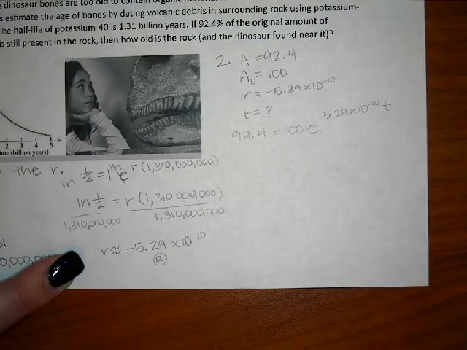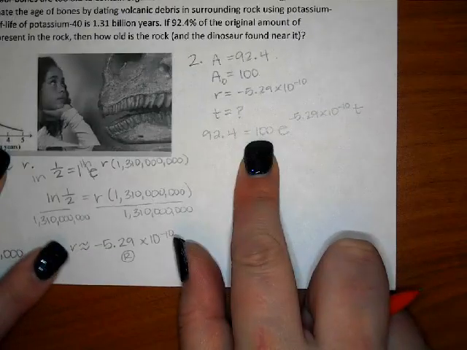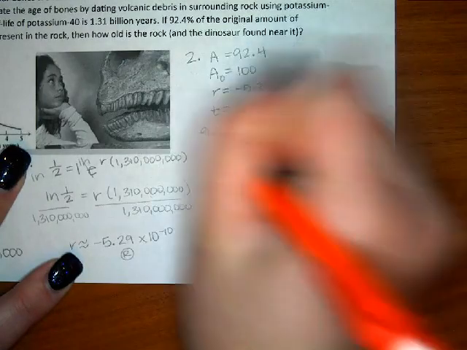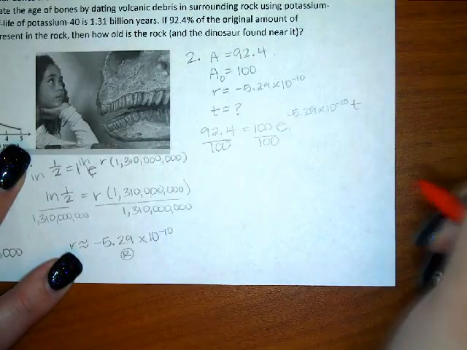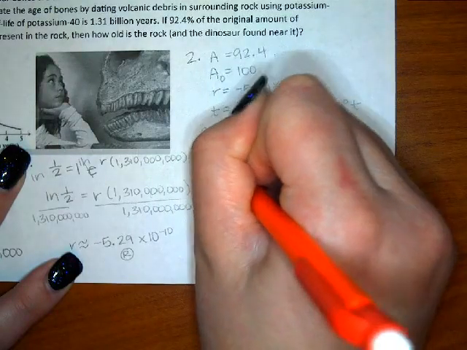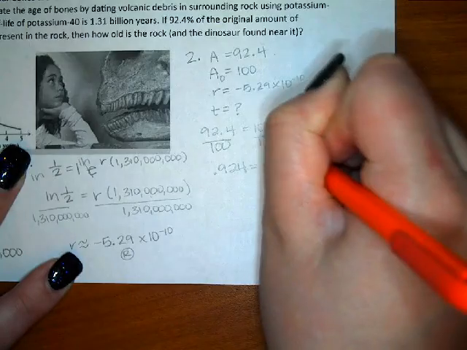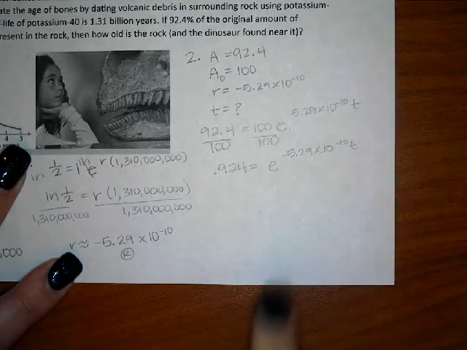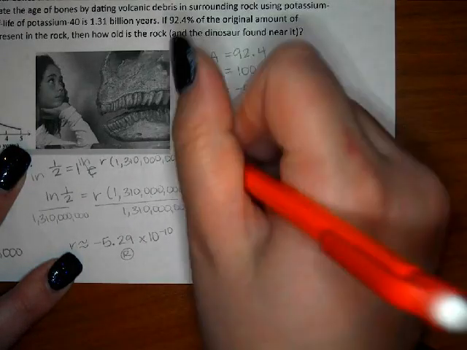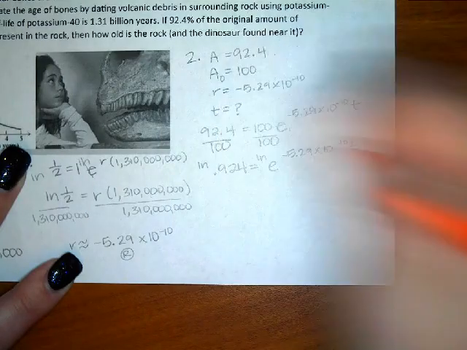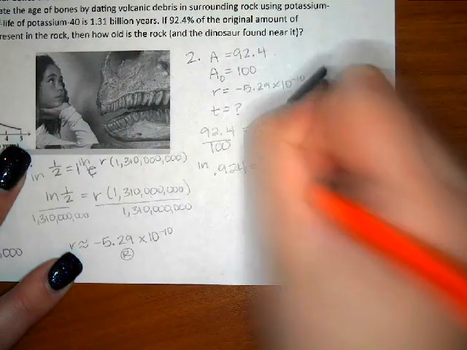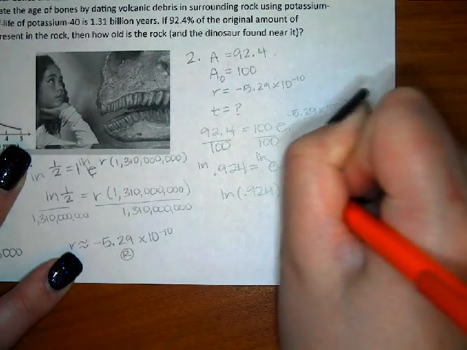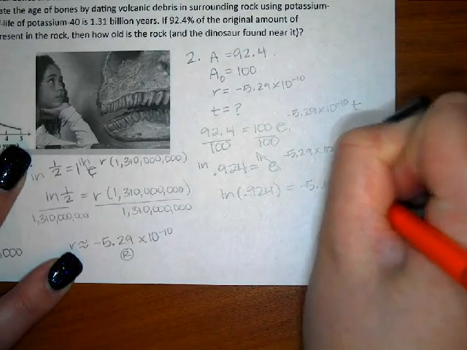So I can divide by 100. 92.4 divided by 100 just makes this 0.924. And then to undo the base of e, I just need to ln the left side and ln the right side. So ln of 0.924 is this rate times t. And then I need to take that rate and divide it over to the other side.